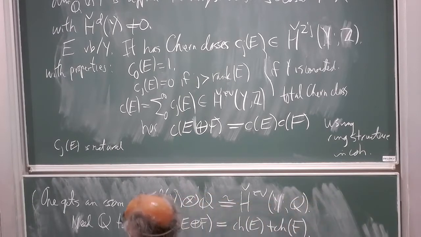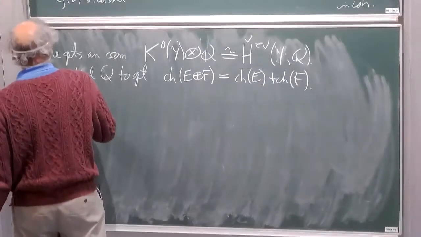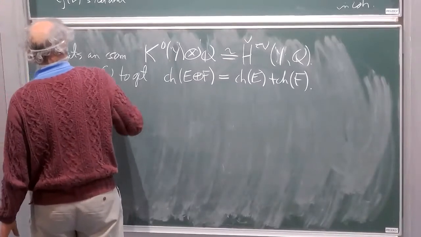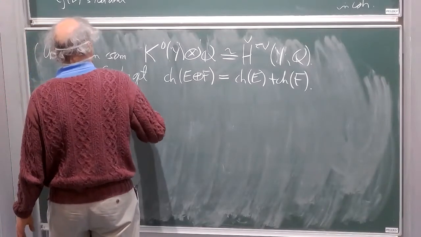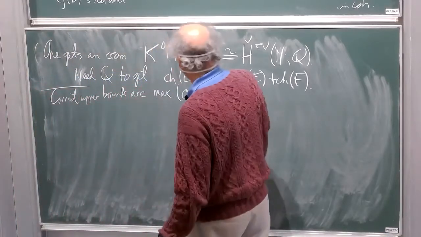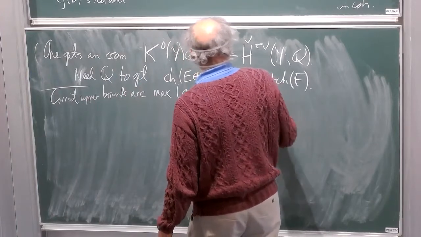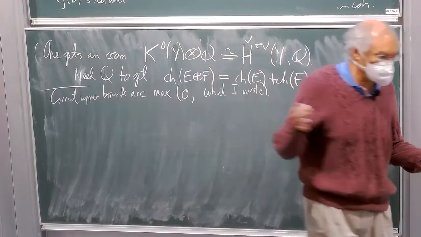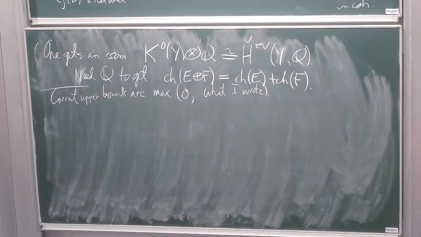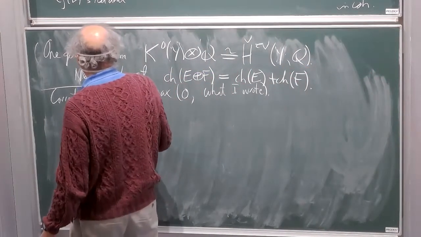I should have said the upper bounds, the correct upper bounds, are the maximum of 0 and what I wrote. For the lower bounds, if you got a negative lower bound, then of course it doesn't tell you anything. So this is a correction here for RC of C of X.